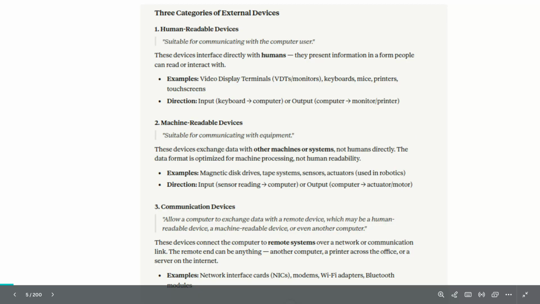They present information in a form that people can read or interact with, so these external devices give the information in the way that humans can read and interact.